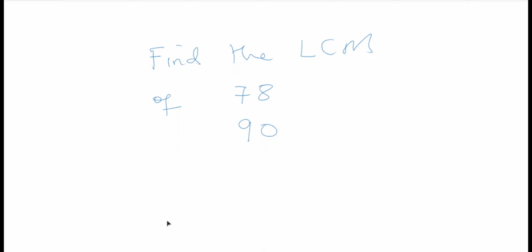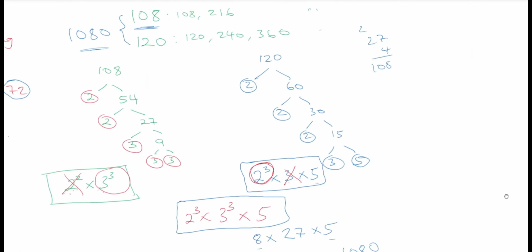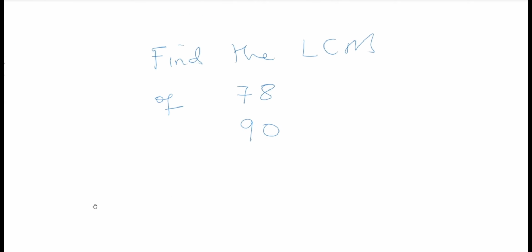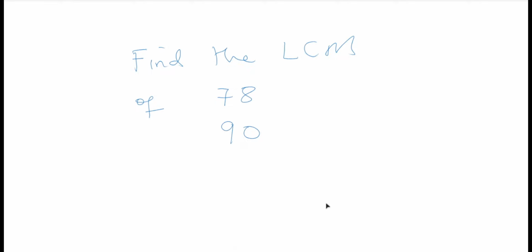Use the advanced procedure like finding the prime factors and selecting the common prime factors with the highest powers. Use that one to solve this problem. And I'm curious to know what answers you guys come up with. So you can pause the video, do it now, get your answer, and drop it in the comment. And then we will see what the answer was. Thank you very much. We will bring this lesson to an end here.